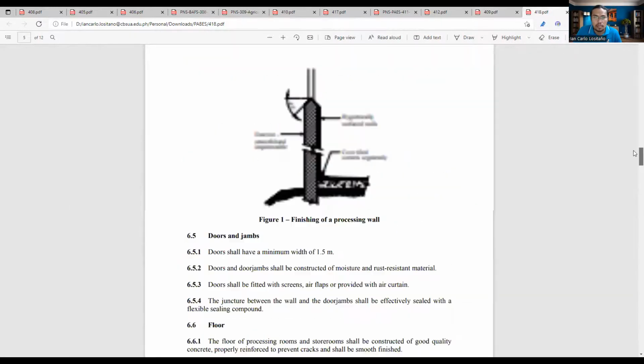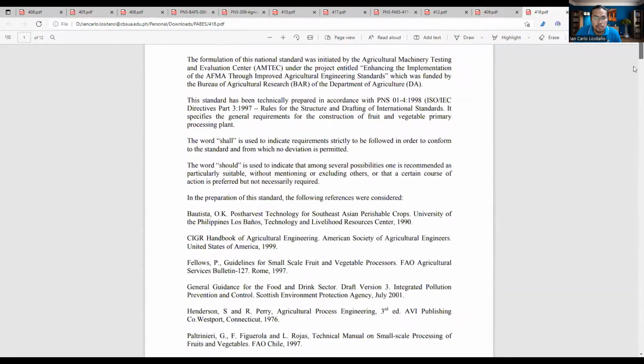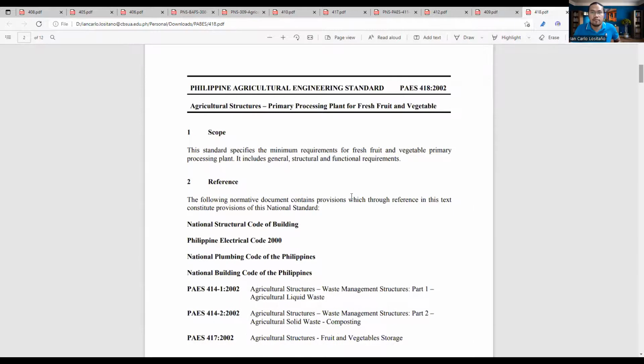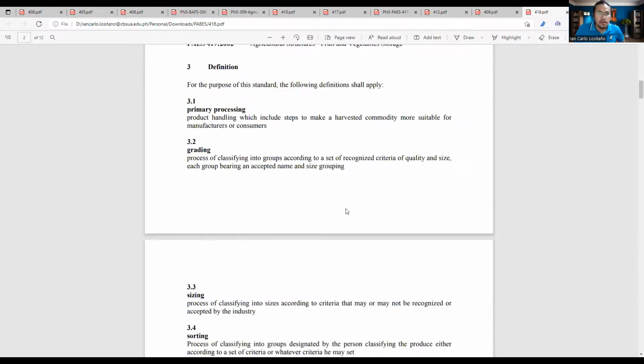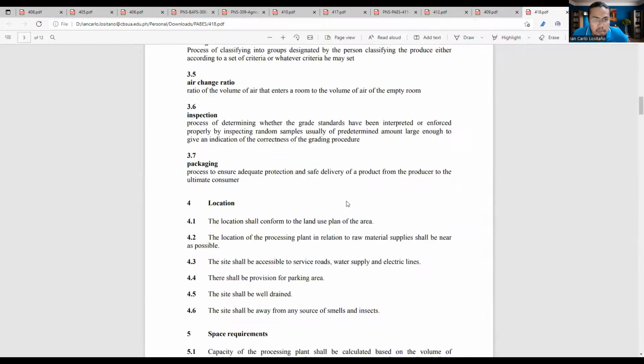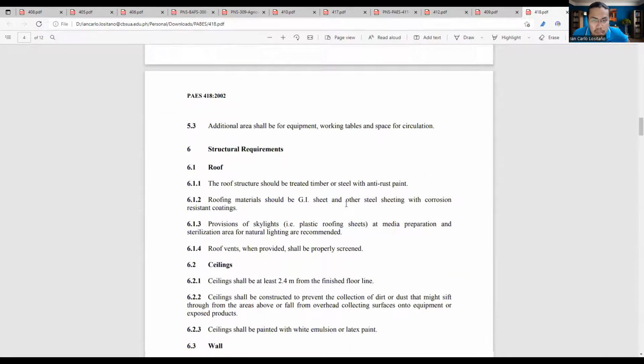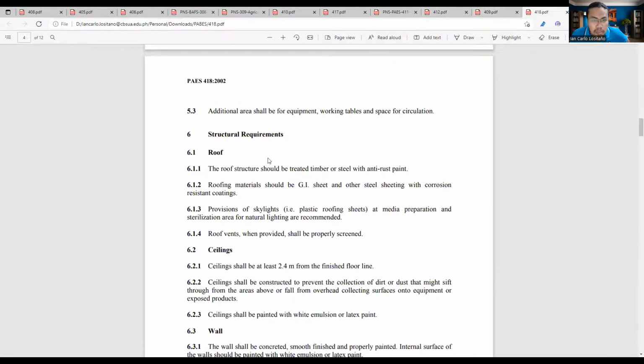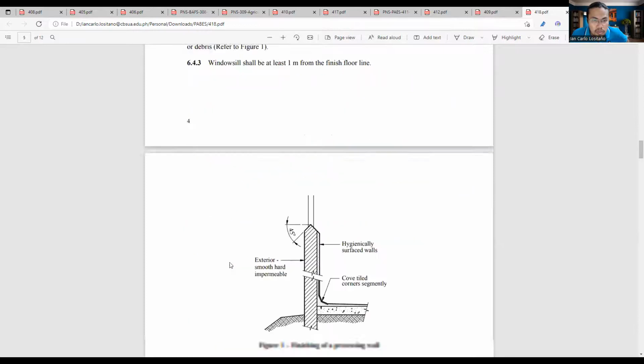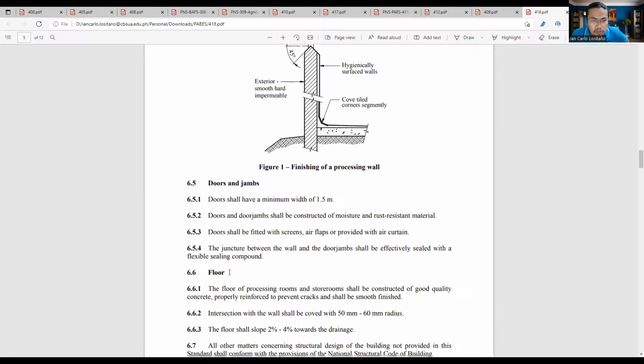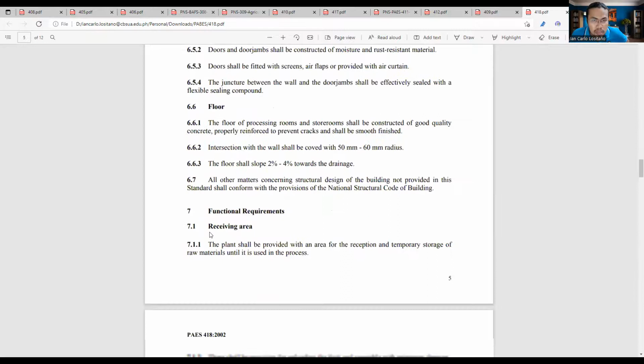Next, this is going to be for primary processing of fresh fruit and vegetable, following the same structural components from the previous three: roof, ceilings, walls, windows, even the coving of the walls, doors and jambs, and then floor.